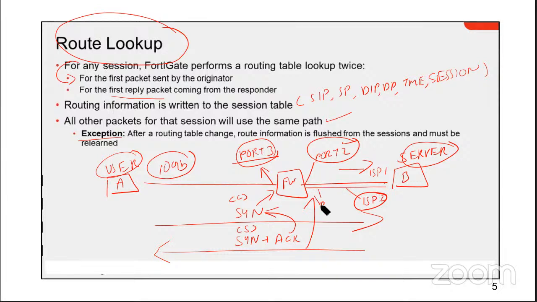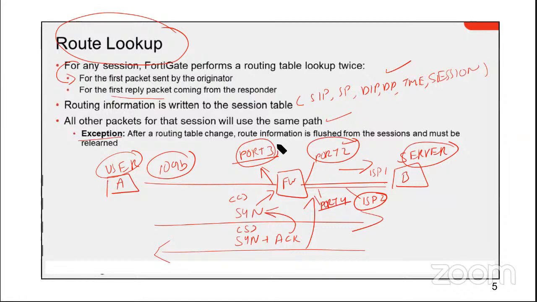So let's say this is port 4. If I'm using port 4, it obviously means that I'm using a different port. The route will be changed, the information is changed, even on the session table. So I'll always make sure that if such a thing happens, I flush off the routing information and learn again whichever ports I'm going to use for the new routing.